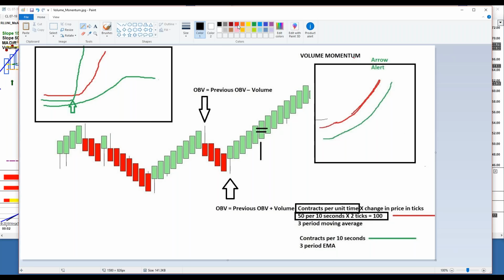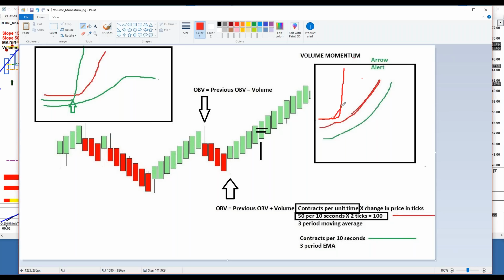Let me set it thicker. As volume rises, we want that number that we multiply volume by to start really moving up. We want to see 2 ticks, then 4 ticks, then 6 ticks, then 8 ticks.